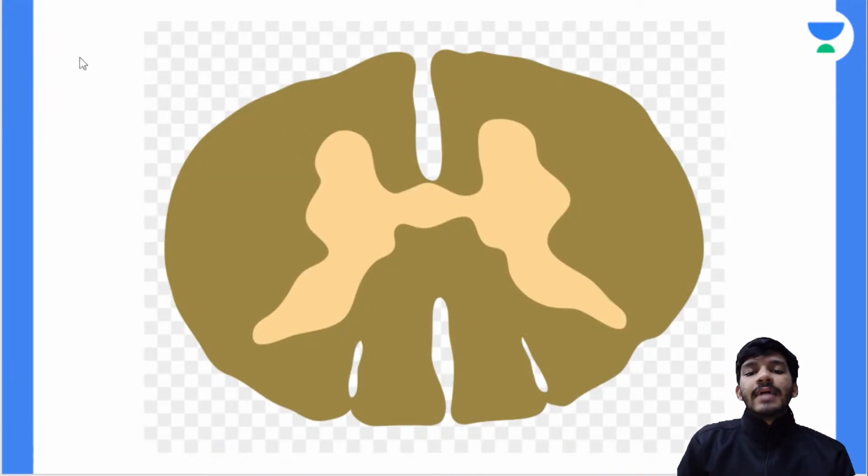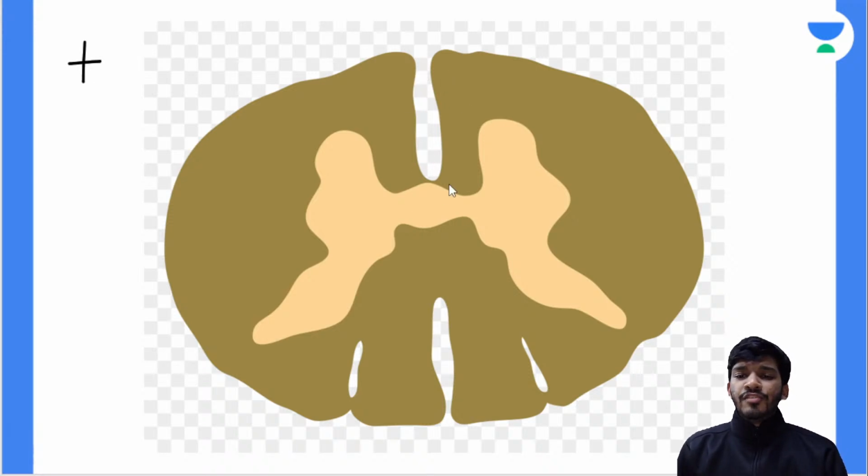So here you can understand which is the anterior. Wherever you see a fissure, is that anterior or is this anterior? Can you tell me which is anterior? Okay, I'll label it separately so that you people can tell. Now you tell me, is A anterior or is B anterior?